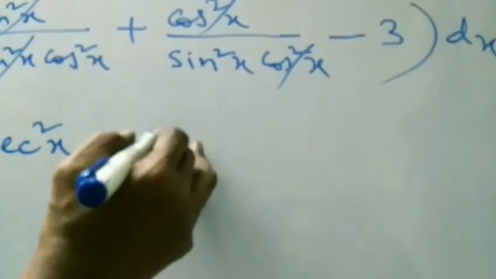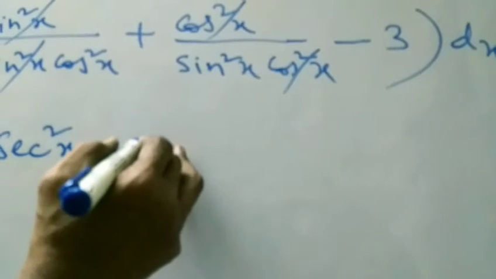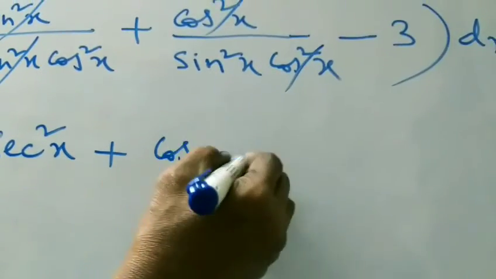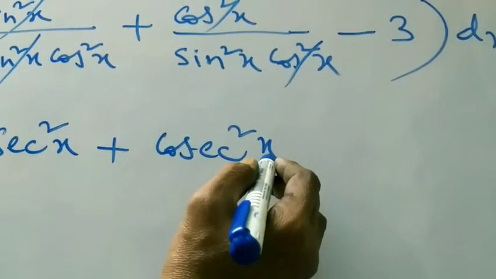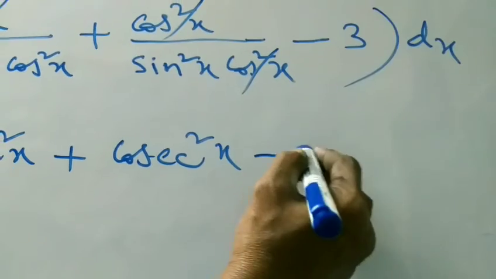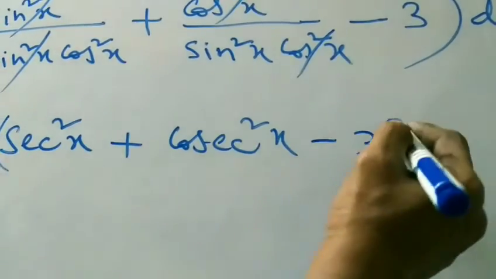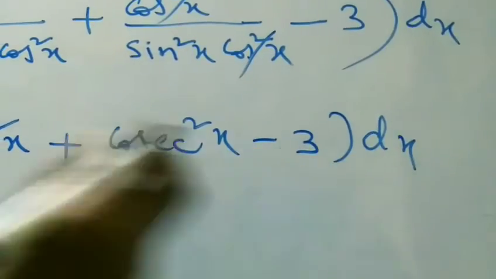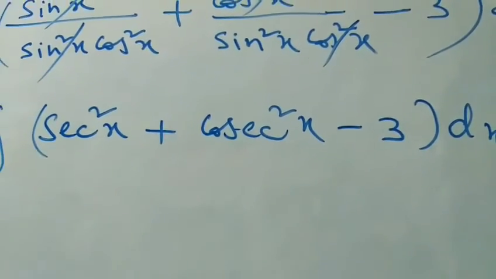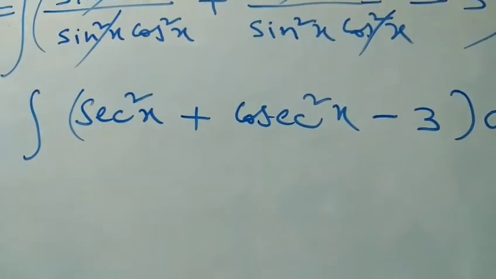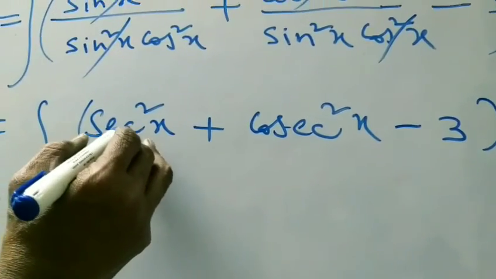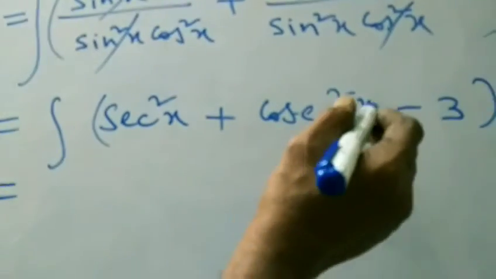So it becomes cosec square x, minus 3, whole dx. So here three terms are there: secant square x plus cosec square x minus 3.